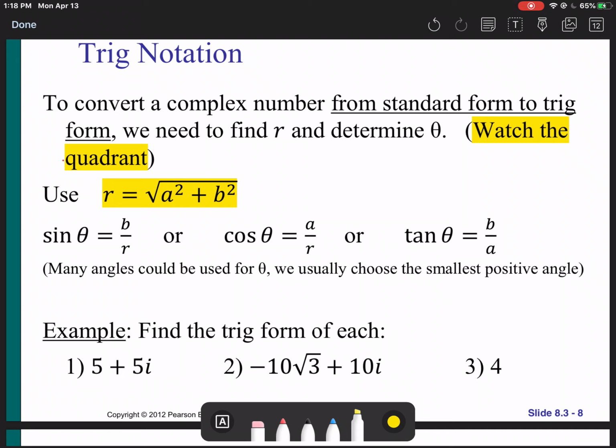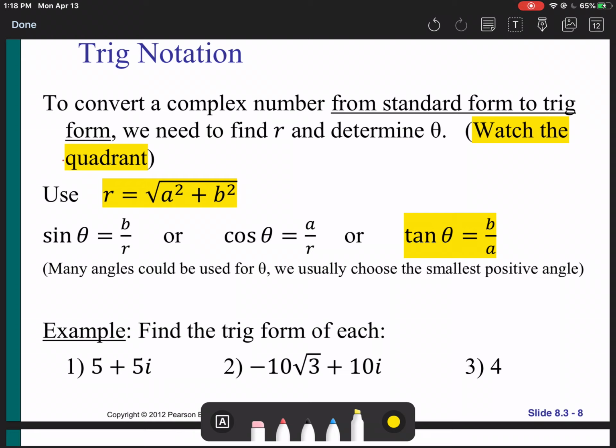Remember, b is taking the place of y, and a is taking the place of x. So that's the same as y over r, x over r, and y over x. But you pick your poison. It doesn't matter which one you use. I typically use tangent, and that's what I'm going to use to get us a little practice with some of those tangent values. But you could use any one of the three.